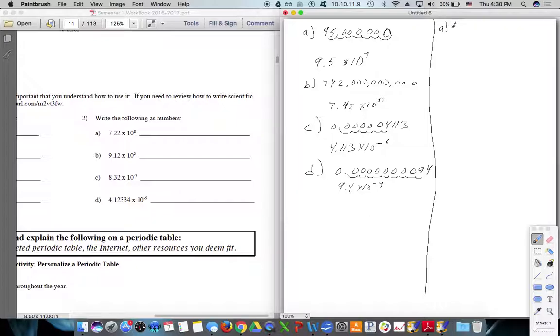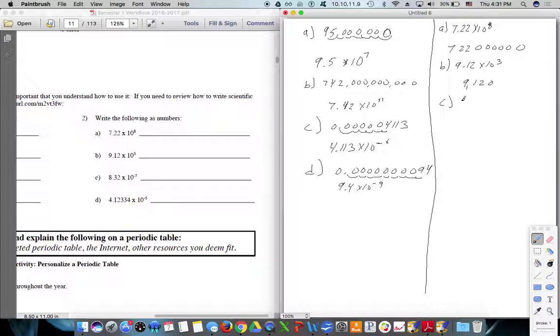Got it. 7.22 times 10 to the 8th. We're going to move the decimal then out. So if we had to move it to the left to get into scientific notation, we're going to move it to the right to get it out of scientific notation. So I move the decimal place 1, 2, 3, 4, 5, 6, 7, 8. There you go. B, 9.12 times 10 to the third gets us 9120.